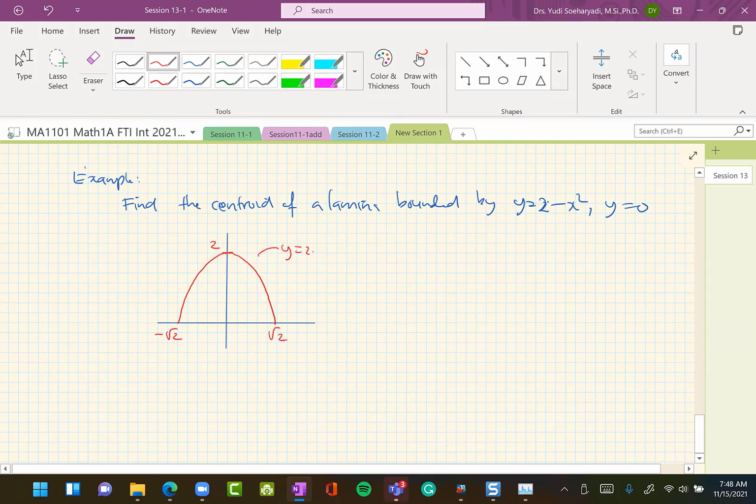So y equals 2 minus x squared, and this lamina is here.